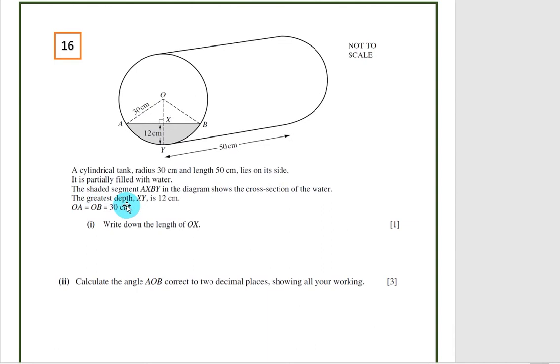The greatest depth, the maximum depth XY, is 12 centimeters. OA is equal to OB equal to 30 centimeters, which is the radius of the cylinder.